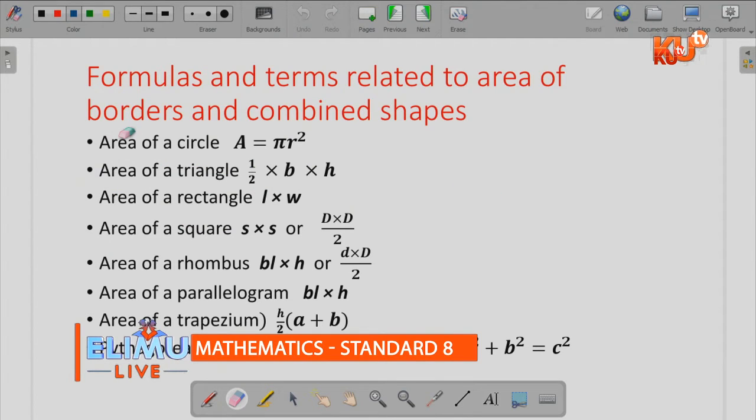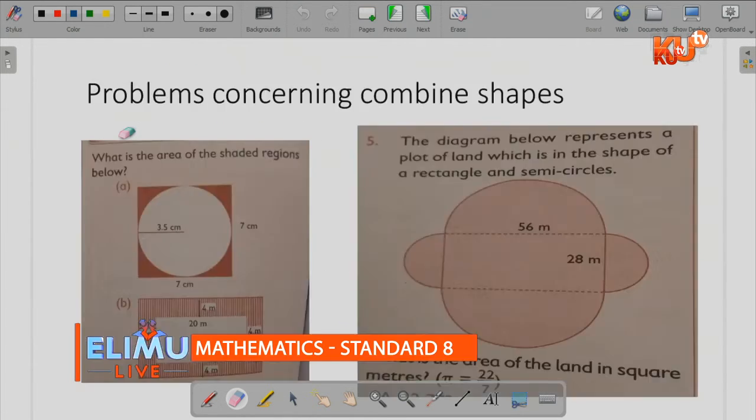In that question, we have been given the radius of a circle and the sides of a square. So the square is the largest figure there, and the circle is the smallest figure.